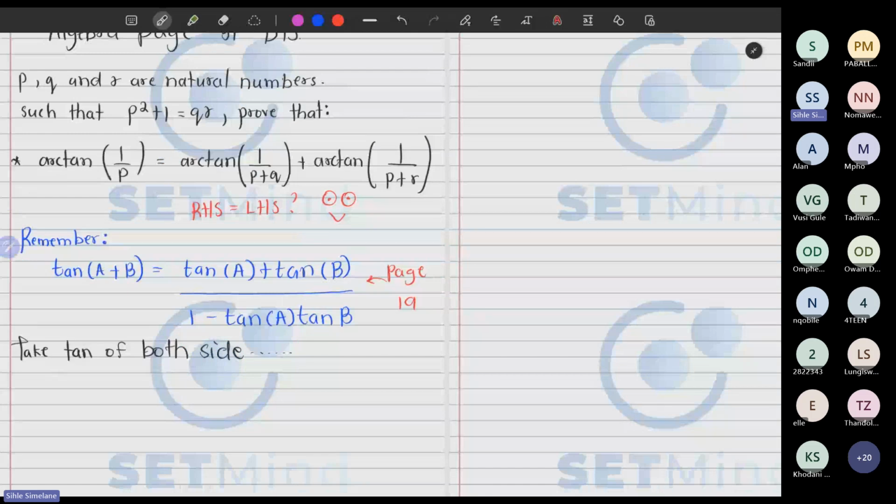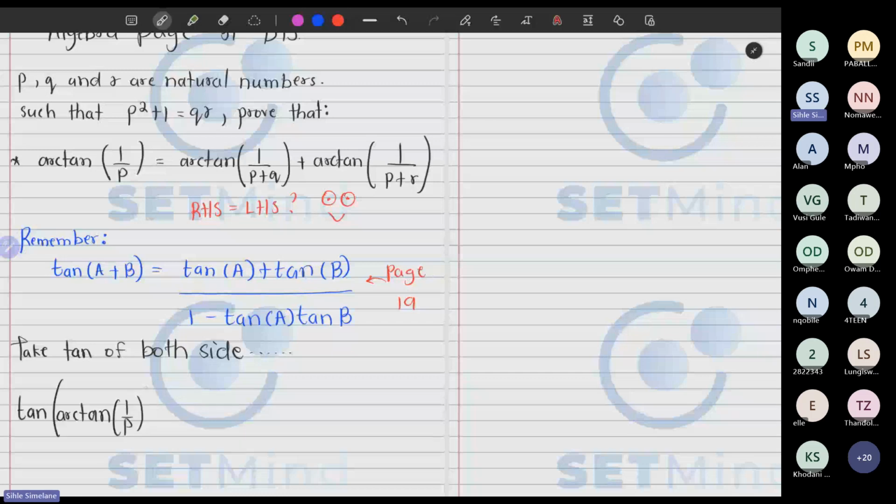So if I say tan of what is there, which is tan of 1 over P, what you do on the left, as long as you do on the right, you are right. So I'll have tan of the tan of 1 over P plus Q, and then plus a tan of 1 over P plus R. Close bracket, close the bigger one.